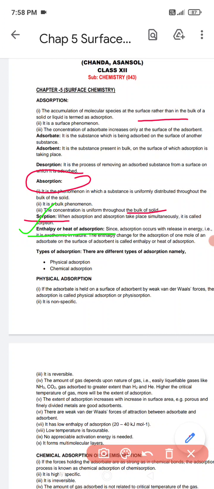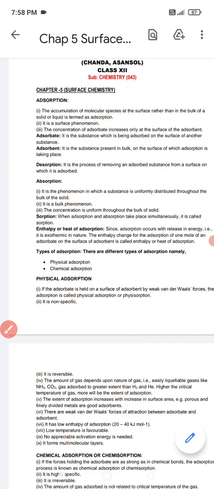The enthalpy change for the adsorption of 1 mole of adsorbate on the surface of an adsorbent is called enthalpy or heat of adsorption. It is the amount of energy or heat involved in the process, called the enthalpy of adsorption.